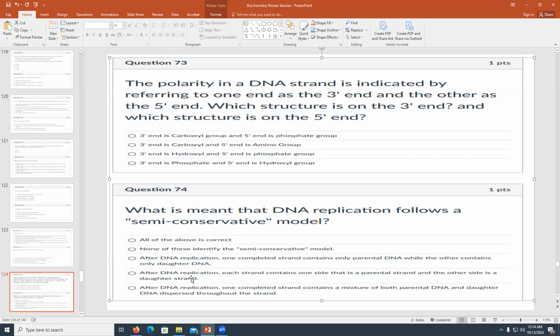There are two strands, and each strand is made up of a parental original strand, known as the parental strand, and the second strand that we replicated, known as the daughter strand.